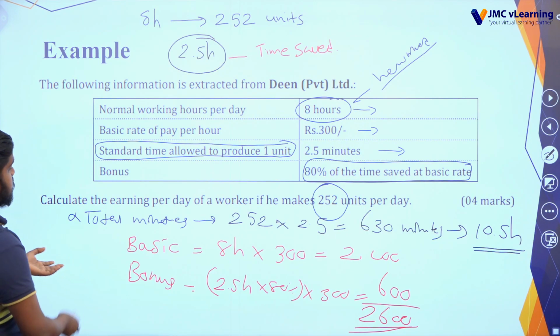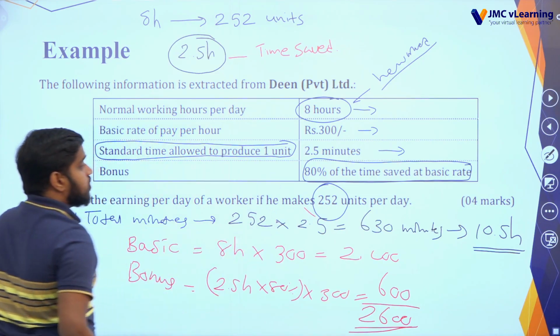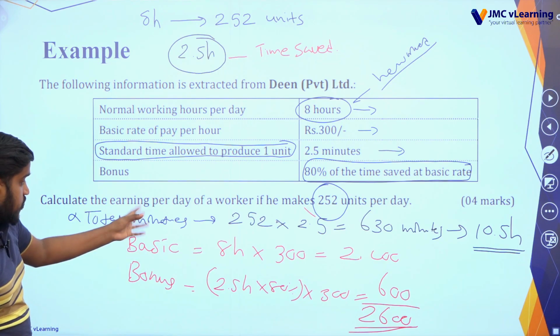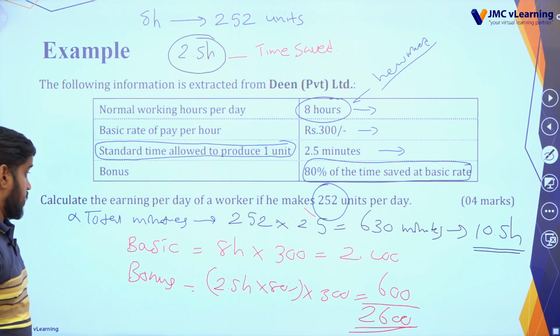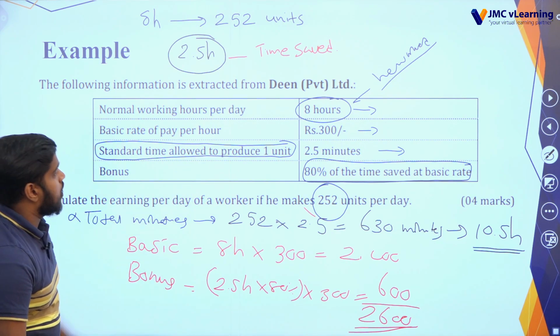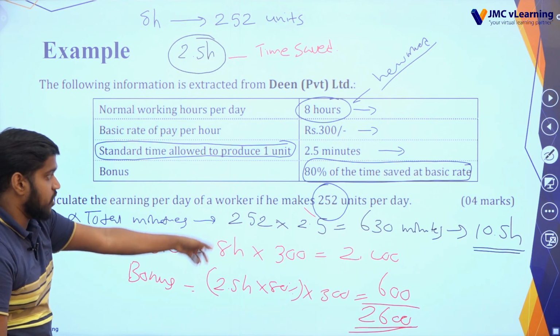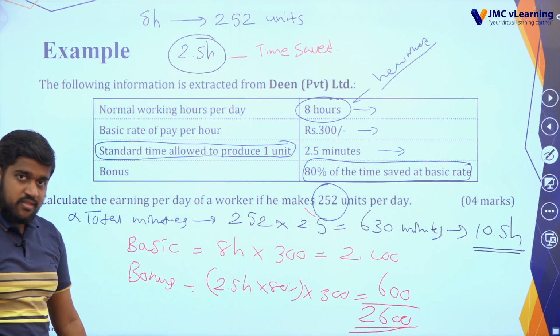The main thing is first you need to identify the time saved. He makes 250 units per day, so first we identify the standard time allocation for these 250 units: 250 multiplied by 2.5 minutes per unit gives 630 minutes, which is 10.5 hours.